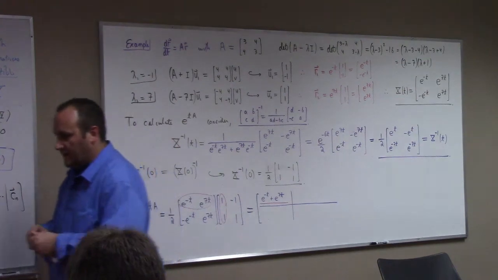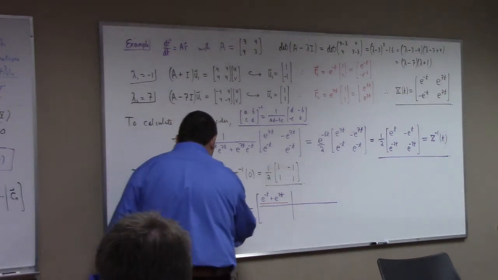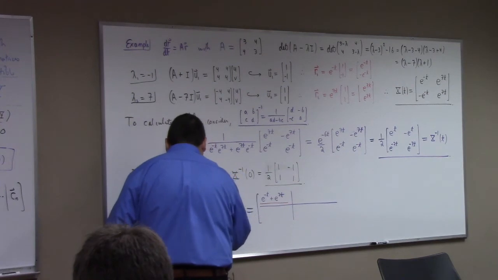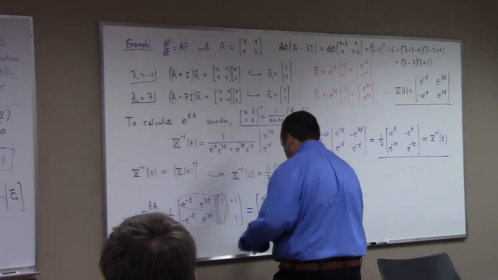Then we take the first column and we take the dot product with the second row. All right, that gives me the next entry. So we do this one, dot product with that one, and that will give me this. I'm going to leave the half out front, guys.